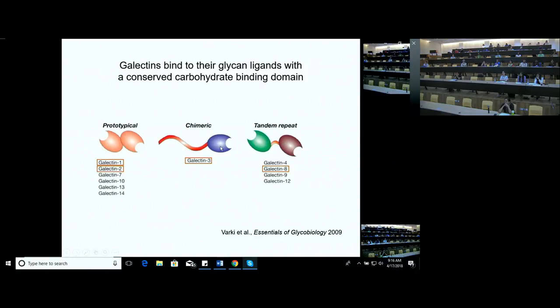Here's one protein that's attached to a non-galectin tail, and here are 2 galectins that form a dimer, a non-covalently attached dimer. But in fact, in birds and in reptiles, the sauropsids, galectin 1 is duplicated. And this is not the case in mammals.